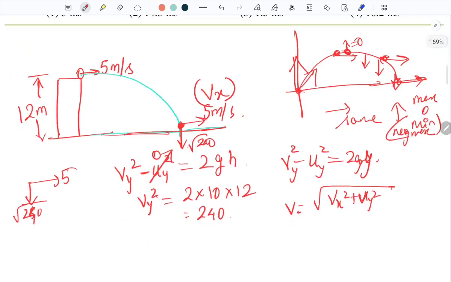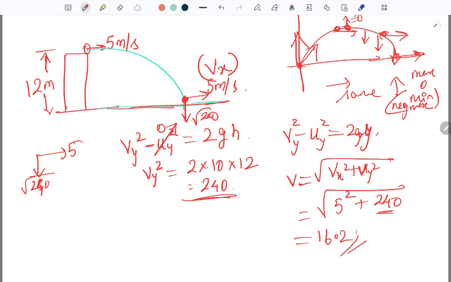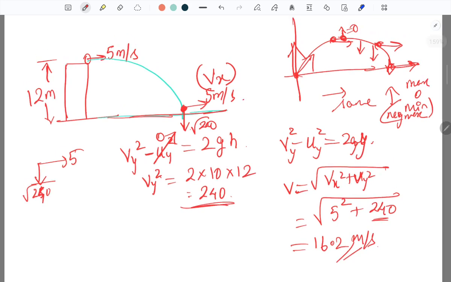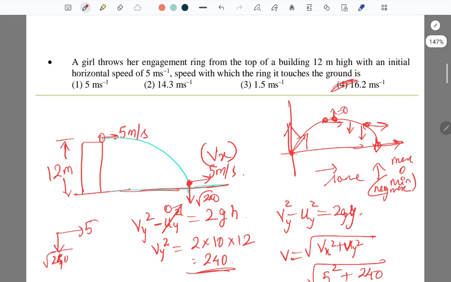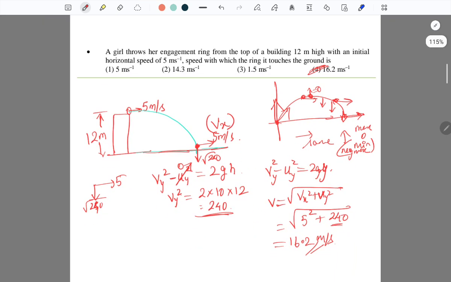Just substitute: 5 square plus 240, because we have directly got Vy square. So 25 plus 240, and the answer comes close to 16.2 meters per second. So your option is option 4. I hope this particular problem is understood.